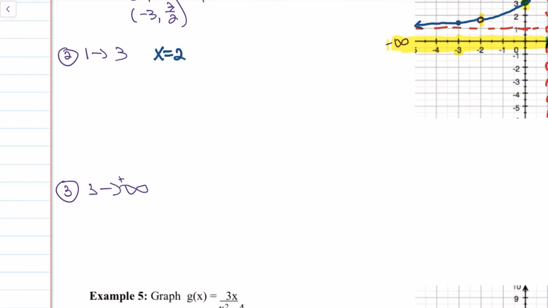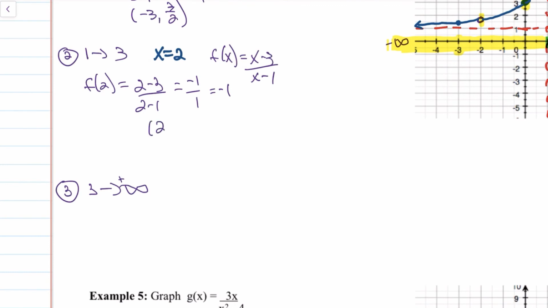And again, we're using f of x equals x minus 3 over x minus 1. So we're going to substitute a 2 in. So we have f of 2 equals 2 minus 3 over 2 minus 1. And this is going to give us -1 over 1. So this will be -1. So at the x value 2, we're going to get a value of -1.